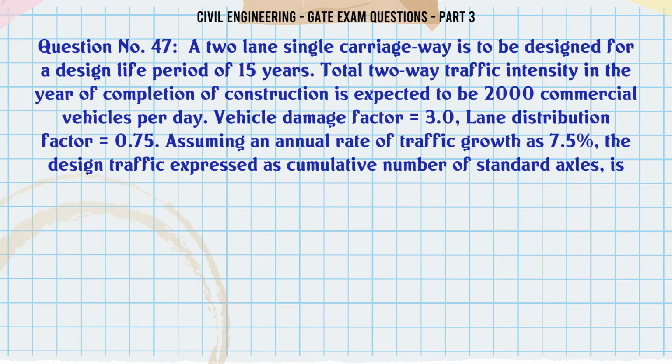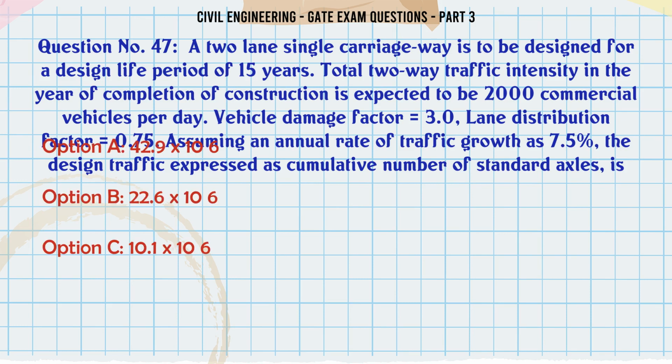A 2-lane single carriageway is to be designed for a design life period of 15 years. Total two-way traffic intensity in the year of completion of construction is expected to be 2,000 commercial vehicles per day. Vehicle damage factor 3.0, lane distribution factor 0.75.